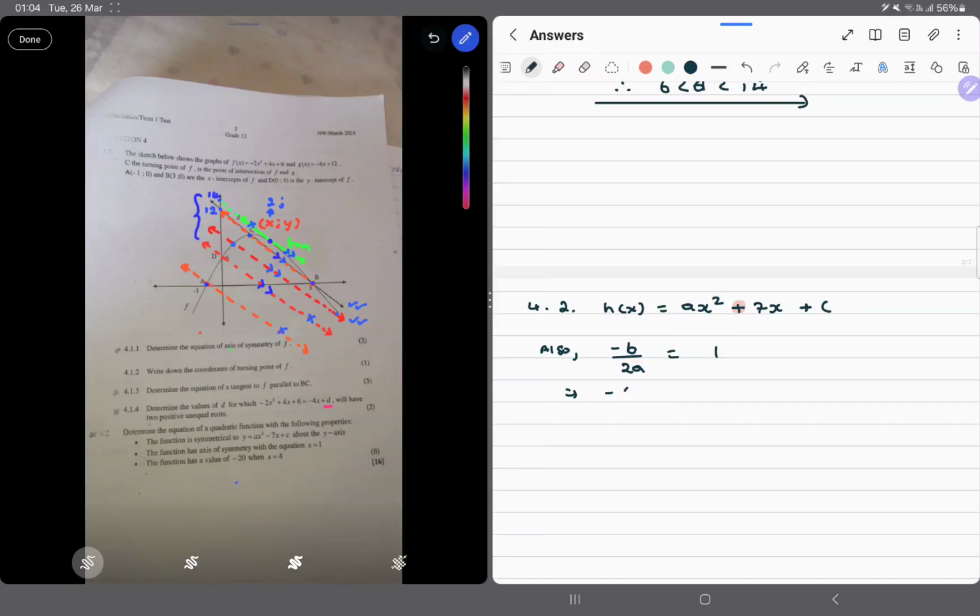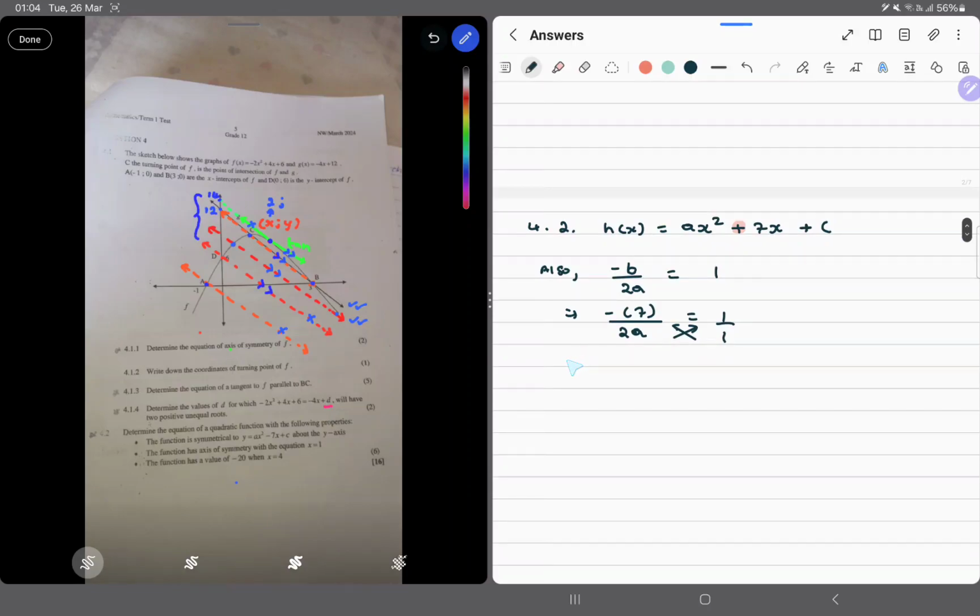This implies that we've got minus into 7 divided by 2 into a is equal to 1 over 1. Then we cross multiply. So maths, guys, the basics must always be solid. So we've got 2a is equal to minus 7. Therefore, our a is going to be minus 7 over 2. Then you see, we found the value for a.